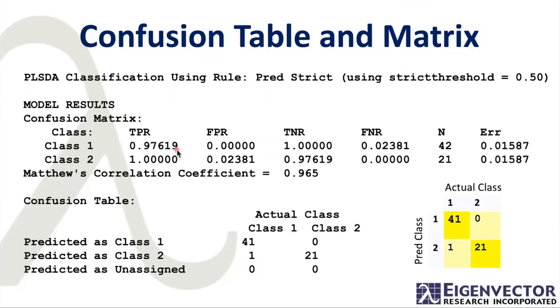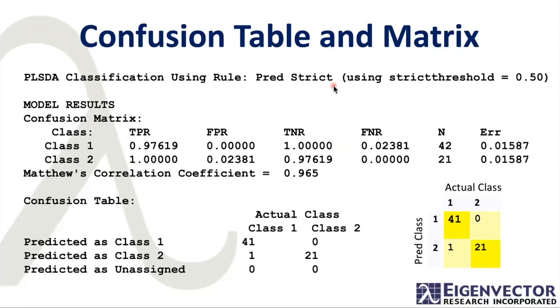You see it as shown here, but you also get to see it shown for cross-validated results, which might be more relevant to you. And also, you see at the top line there, it says prediction using strict threshold, or classification rule using Pred Strict. So let's go to the next slide.